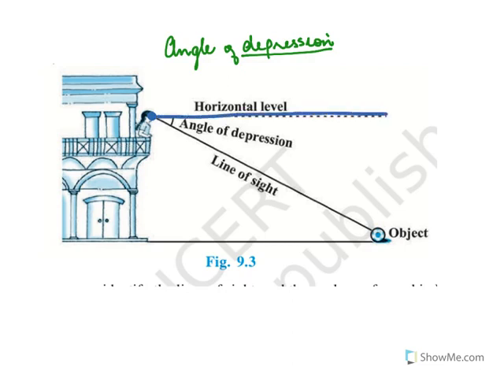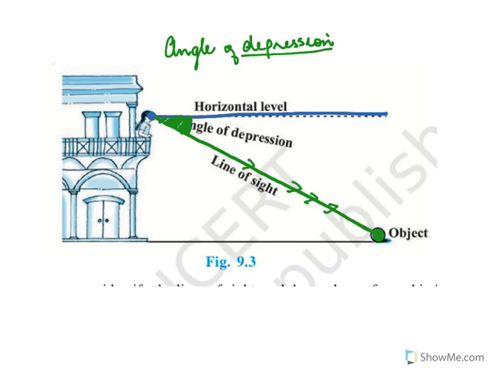This is the horizontal at the point of observation. And then we need to draw the line of sight. The child is observing this object. So this is the line of sight. And the angle between them will be the angle of depression.